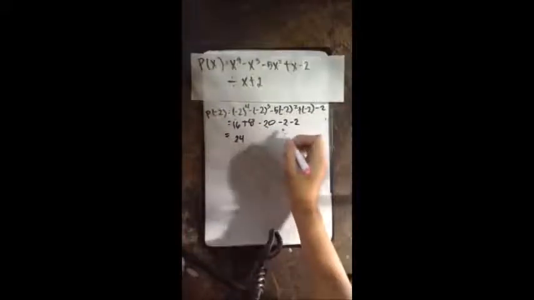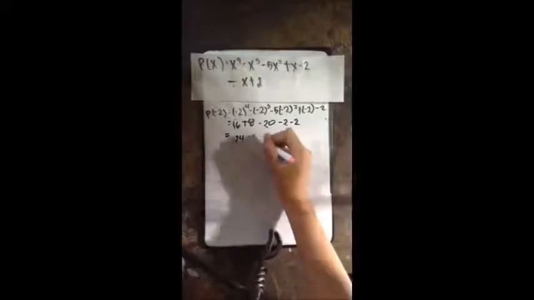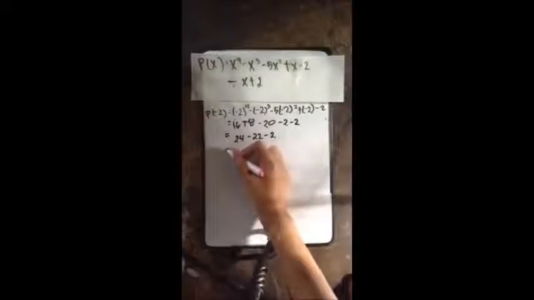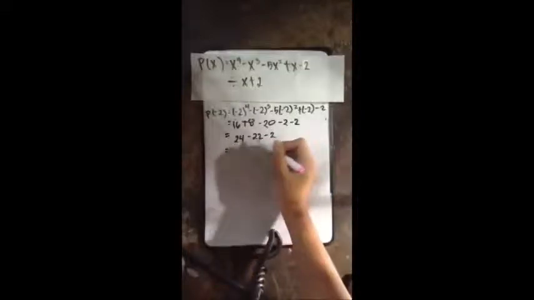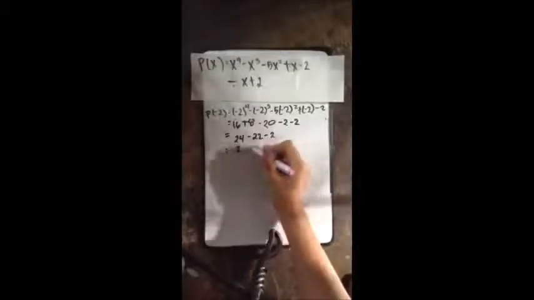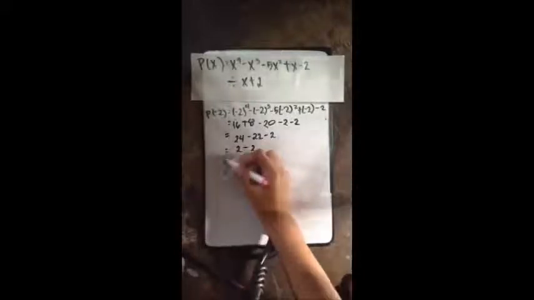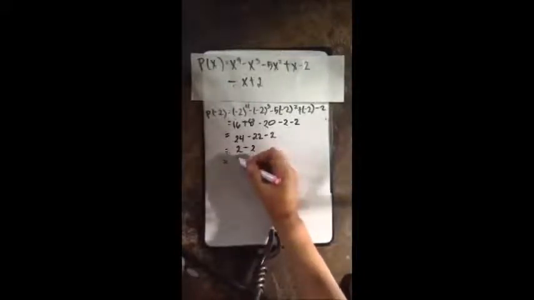Negative 20 minus 2 is equal to negative 22. Bring down negative 2. 24 minus 22 is equal to 2. And bring down negative 2. So 2 minus 2 is equal to 0.